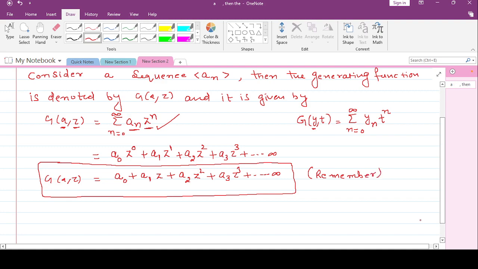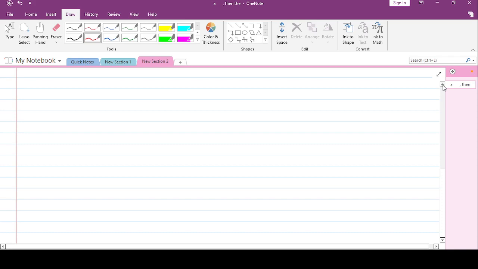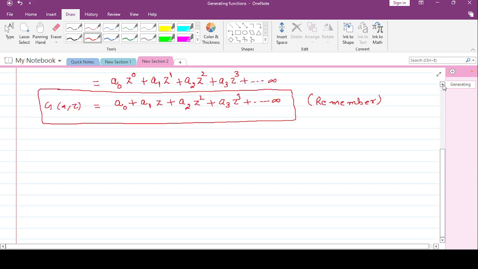Now from this expression, we can obtain one more expression by bringing this term to the left hand side. So this is G_a(z) minus a0, equal to a1 z plus a2 z square plus a3 z cube, and so on up to infinity.